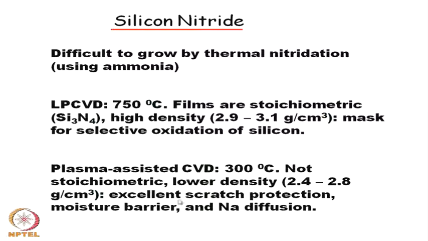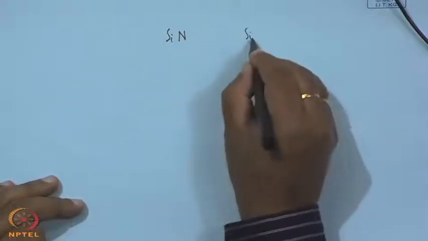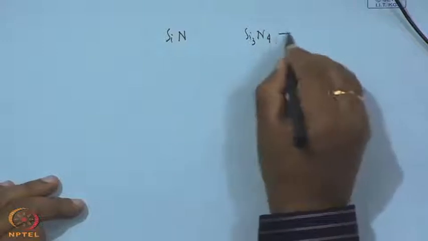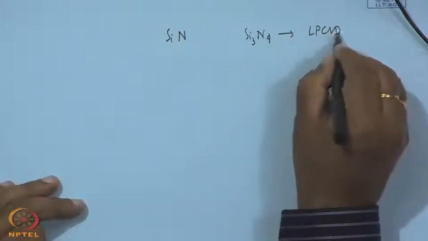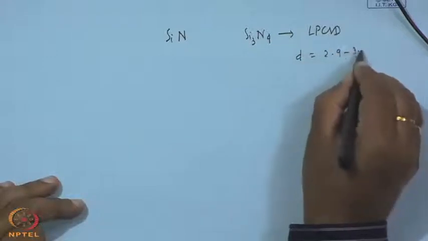This plasma assisted CVD has excellent scratch protection. It has a moisture barrier and sodium diffusion barrier. So, that means it is resistant to moisture and also sodium diffusion. Therefore, we can say like this: you grow SiN, it will be Si3N4 if it is LPCVD, and in this case the density will be 2.9 to 3.1.